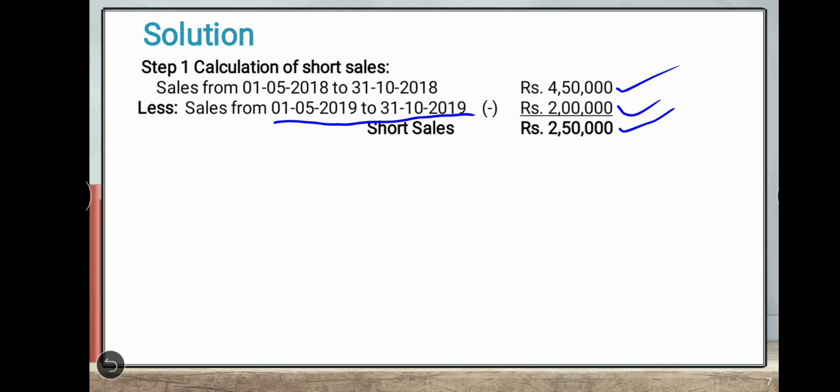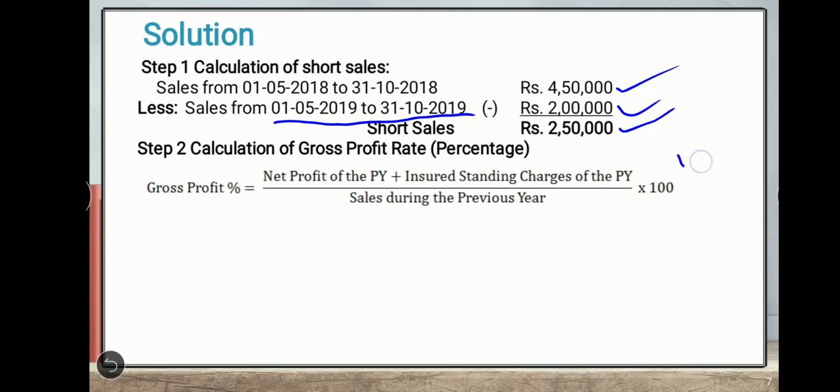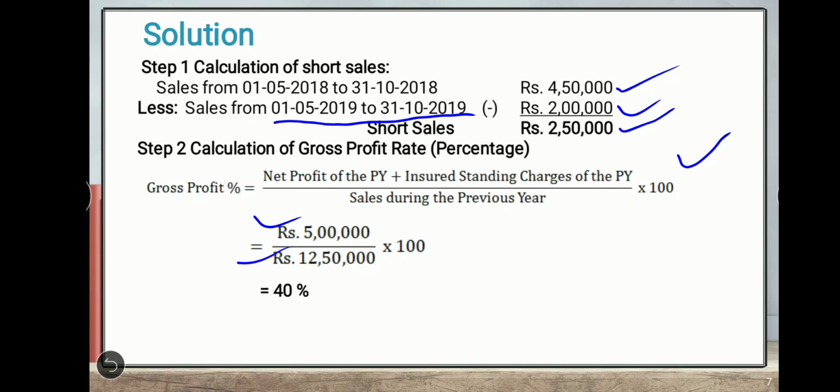Then step 2, calculation of GP rate. So here you can see the formula, put the value in the formula. Insured net profit plus insured standing charges are given, rupees 5 lakh, divided by sales during the previous year 12,50,000 multiplied by 100. So it will be 40%.